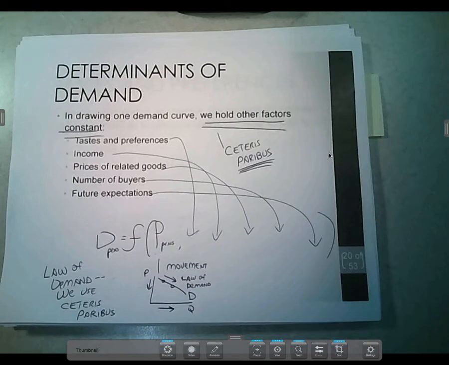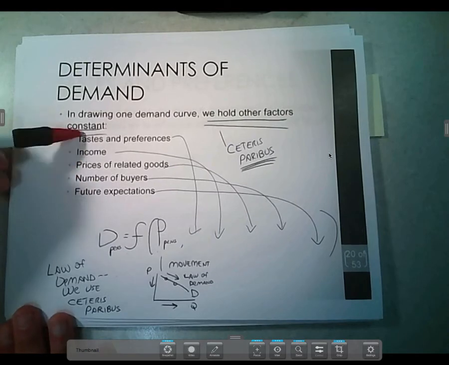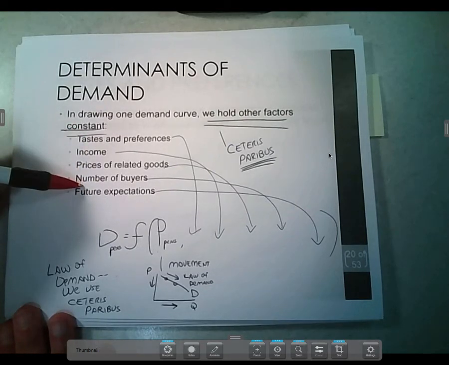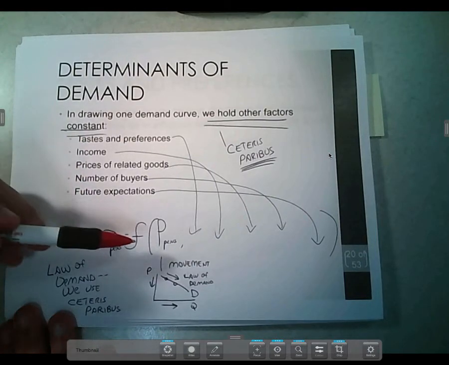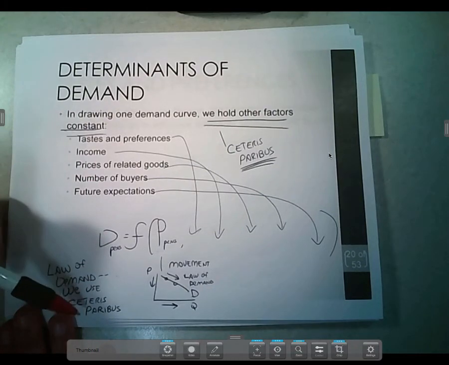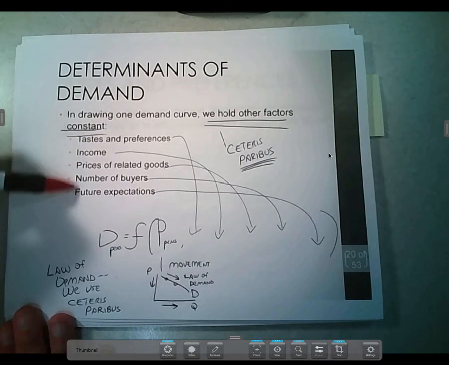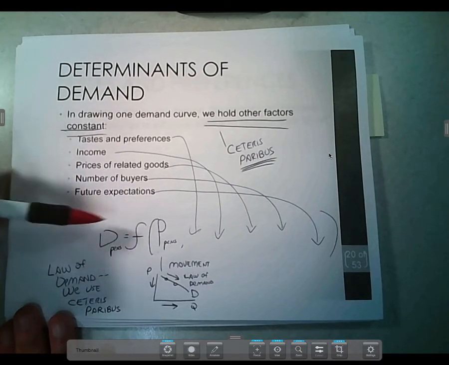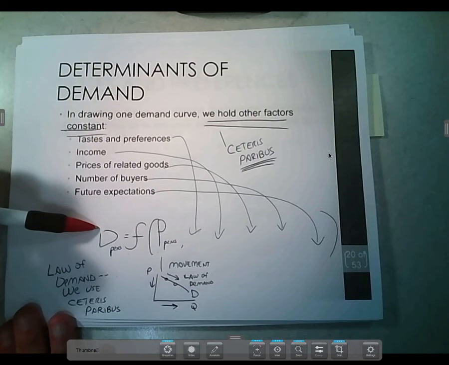So for the law of demand, we say ceteris paribus, or holding all of these things constant, that when the price changes, the quantity demanded changes in the opposite direction. Holding these things constant, price and quantity change in opposite directions.